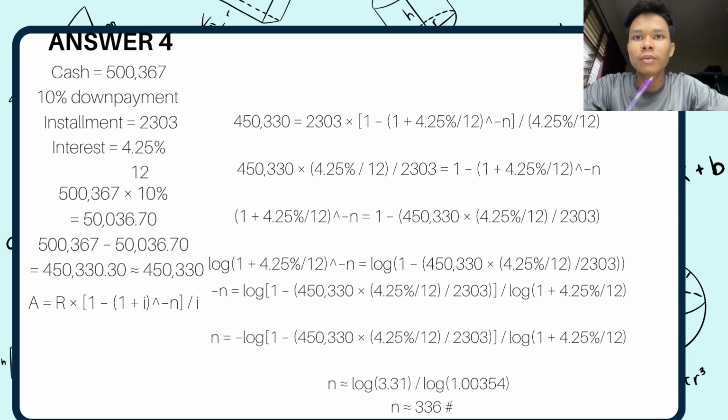450,330 equal 2,303 multiply bracket 1 minus bracket 1 plus 4.25% over 12 bracket to the power of negative n bracket over 4.25% over 12.